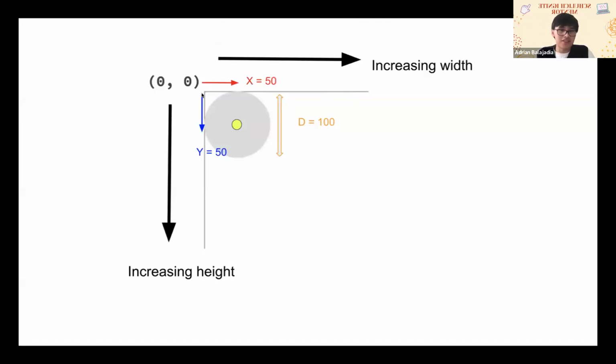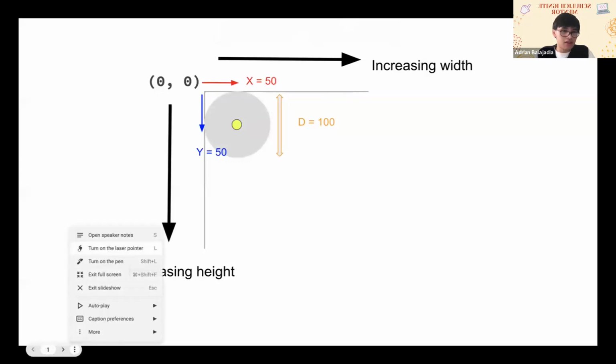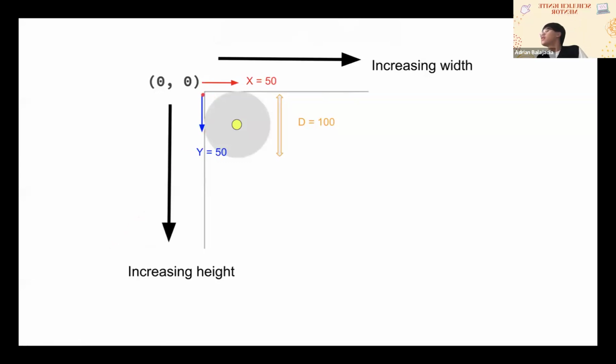But this is our circle. This top left corner right here is 0, 0. And if we increase this way, we'll increase the x value. Since the radius is 50, the distance from here all the way to here should be x equals 50.